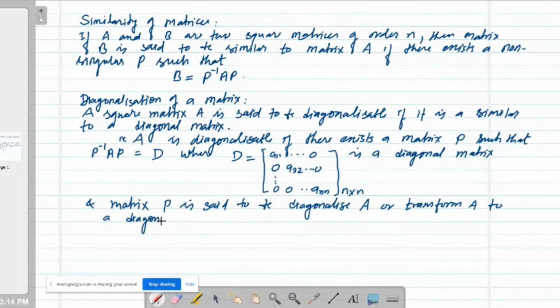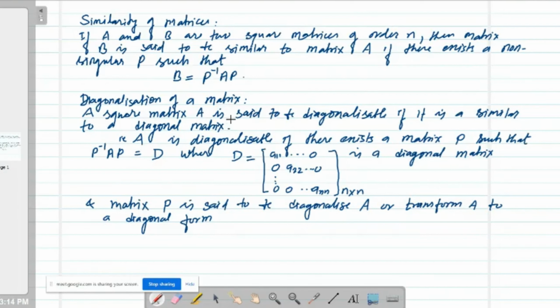Diagonal form means what? There must exist a matrix P, known as the modal matrix, such that this matrix transforms the given matrix A to the diagonal form. So matrix P is known as modal matrix or transform matrix to a diagonal form. Okay. So this is the definition for diagonalizing of matrix.